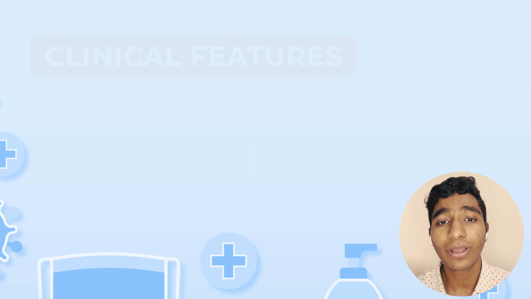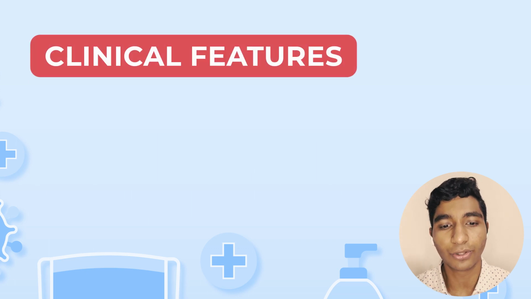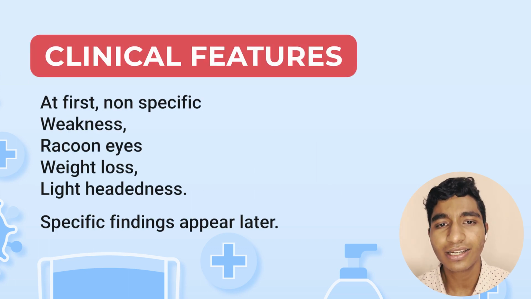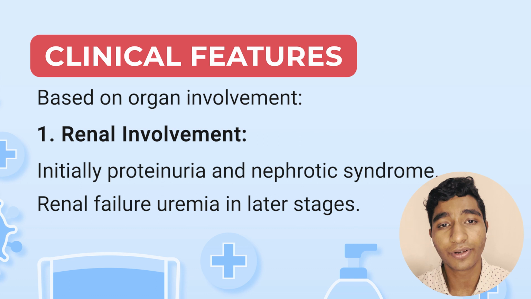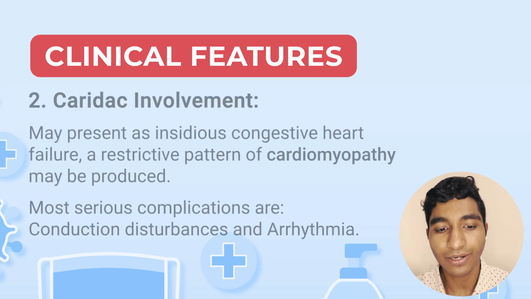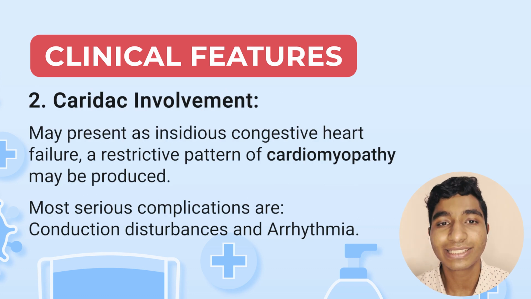So now when we look at the clinical features of amyloidosis, at first it is usually very non-specific. So weakness, raccoon eyes, lightheadedness, weight loss in the early stages. In the later stages, once the organs are involved, it could lead to renal involvement, leading to nephrotic syndrome and proteinuria in the earlier stages. Cardiac involvement may present as insidious congestive failure.